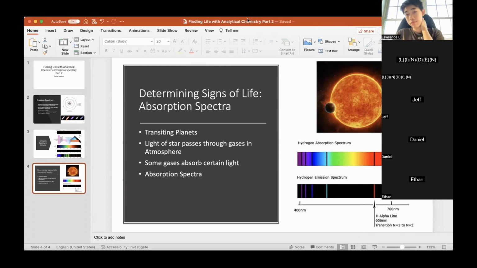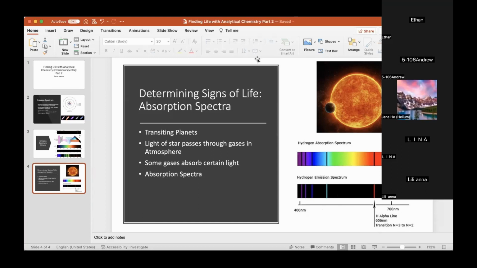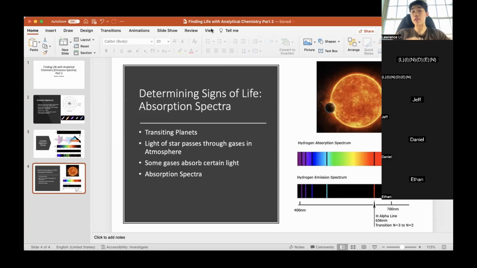Is anybody able to spot differences between this first band that I'm circling here and the second band, which is the emission spectrum? Does anyone want to take a shot at guessing? Okay, it's okay if you guys don't see anything. That's all right. Okay, wait, there's something in the chat.